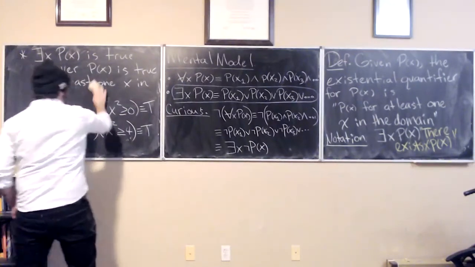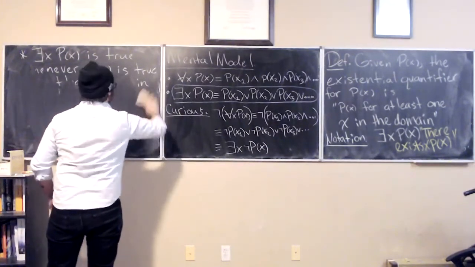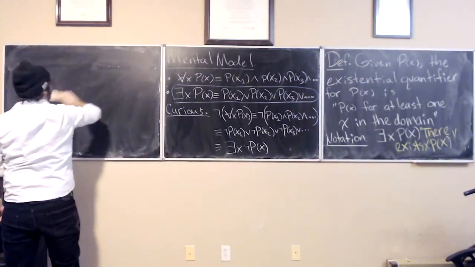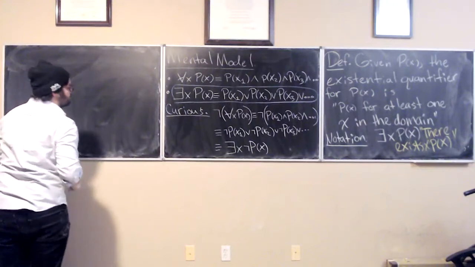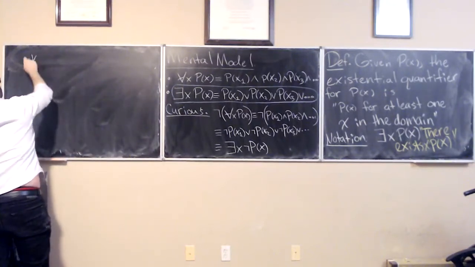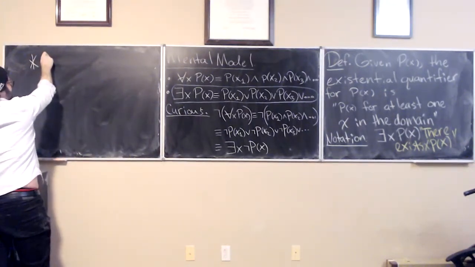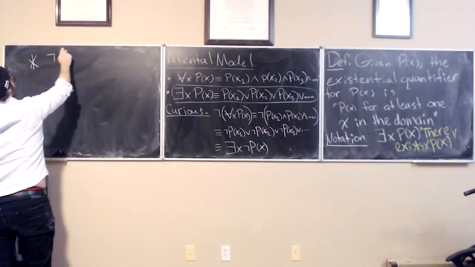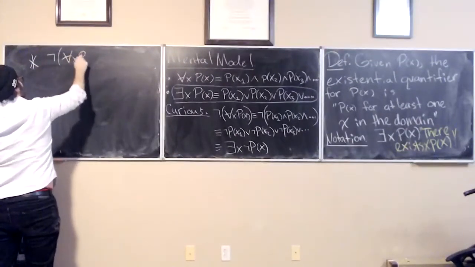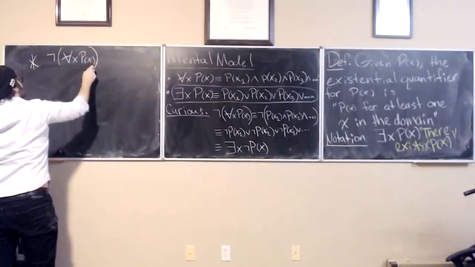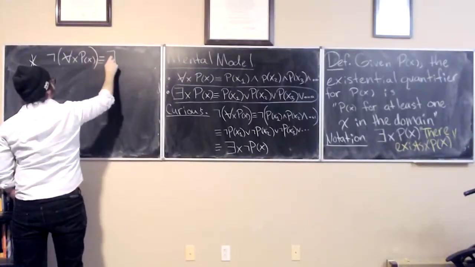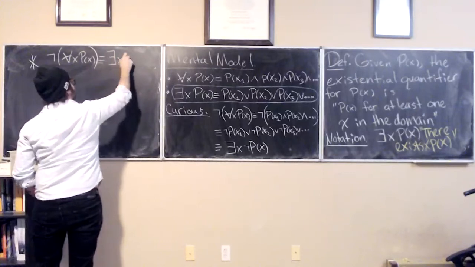Whenever we have a disjunction taken over the entire domain of interest, we can express that as the existential quantifier. So basically what we just learned is that negating the universal quantifier becomes the existential quantifier of the negations.